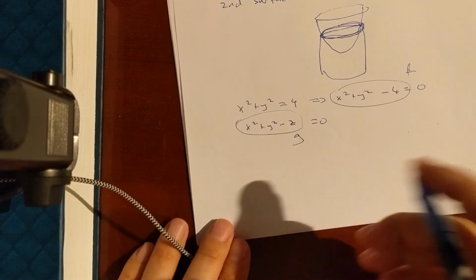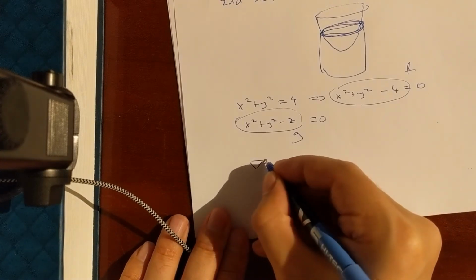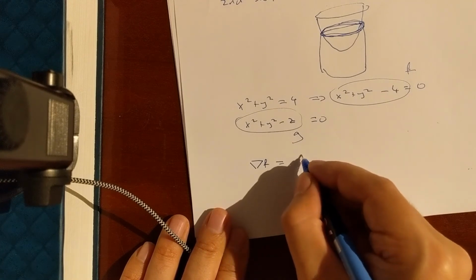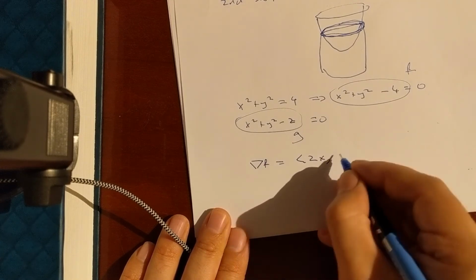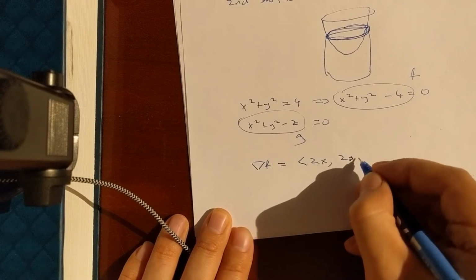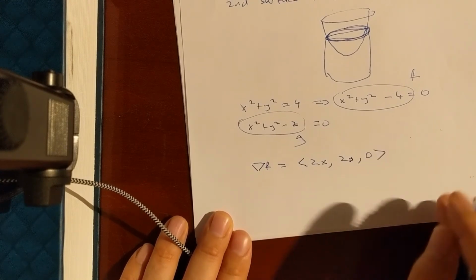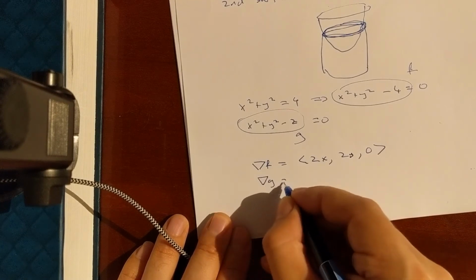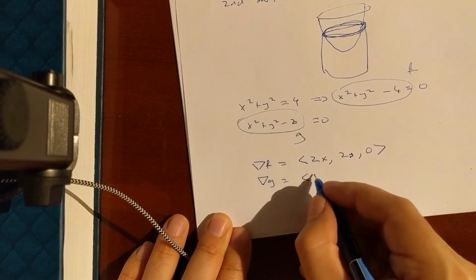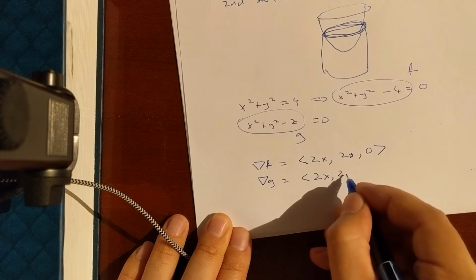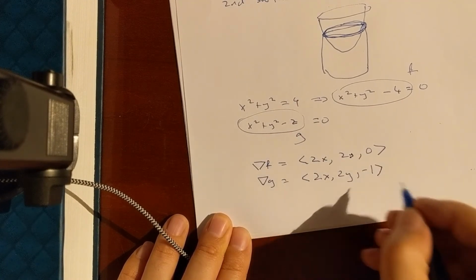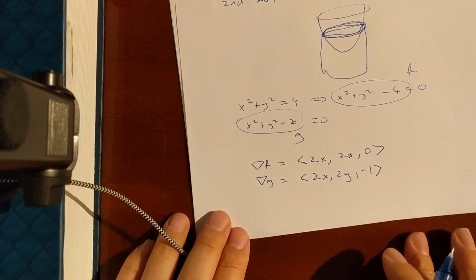So let's calculate the gradient of f. It's going to be 2x, 2y, and there is no z, so that's just 0. And what is the gradient of g? Again 2x, 2y, but there is a z in this one, so the derivative with respect to z is minus 1.